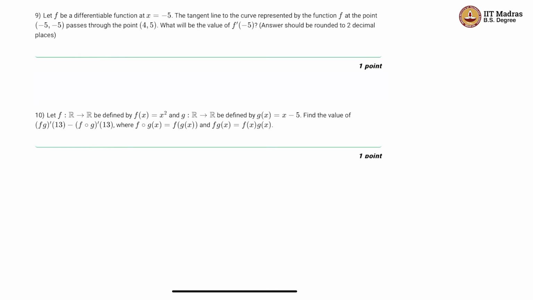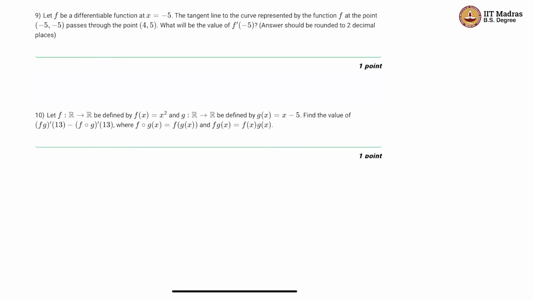So as in the question, let f be a differentiable function at x equals minus 5. Okay, we have given f is differentiable at x equals minus 5. That means f dash of minus 5 exists. The tangent line to the curve represented by the function f at this point passes through these points.